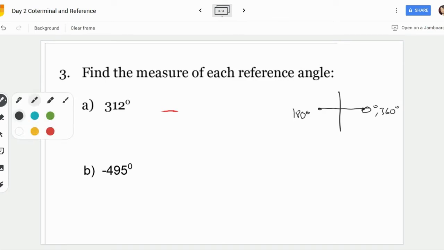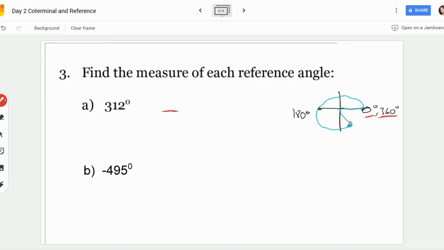So 312 degrees. If we started at the initial side, it's right here, and we went 312. That's going to be 90, 180, 270, and 312 is maybe somewhere right there. You don't really need to draw it out, but sometimes it helps visualize it. And so if you're at 312, the closest x-axis is 360, or 0, true, but you're closer to 360 than you are to 0.